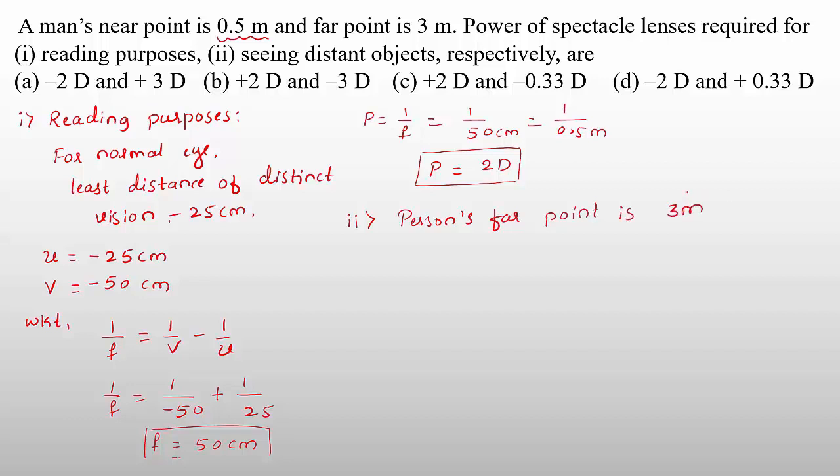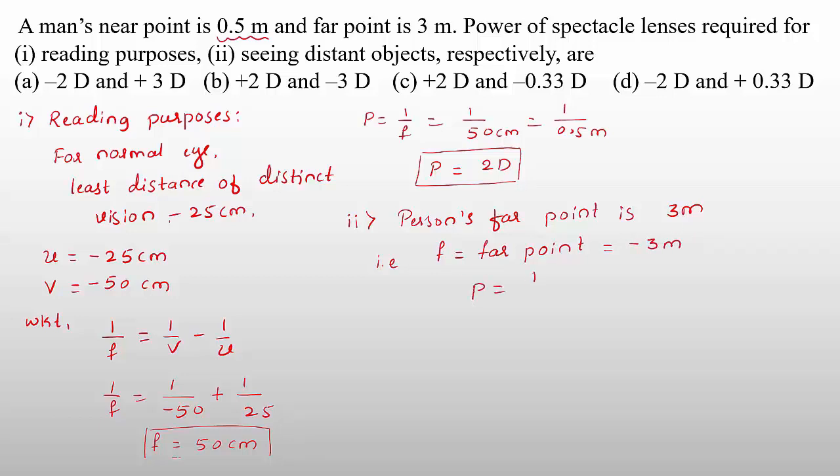This is equivalent to the focal length, because focal length is the distance between the optic center and the principal focus, where the light rays are going to focus at a single point. So here the person's far point is equal to the focal length, denoted by f, both are same. Here it is again negative, so we can write it as minus 3 meter.